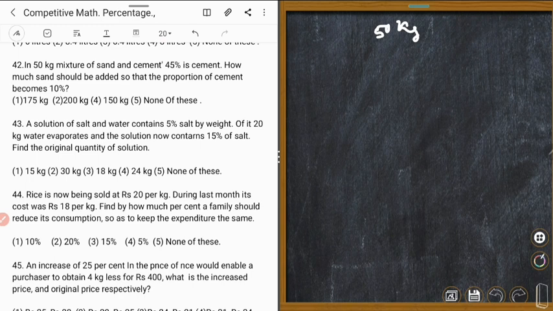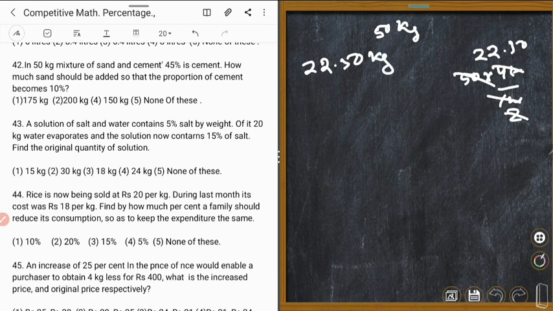In 50 kg, there is 45% cement. 45% of 50 kg is equal to 50 into 45 upon 100, which is equal to 22.5 kg.